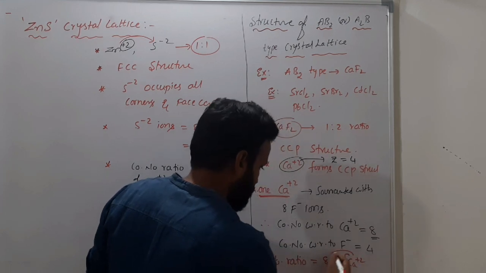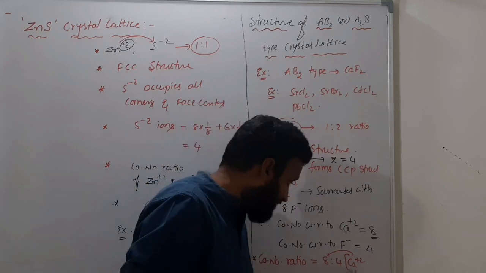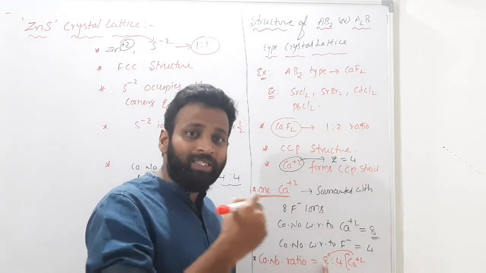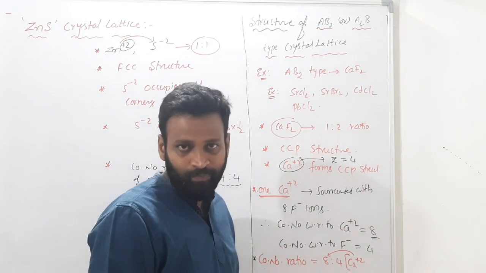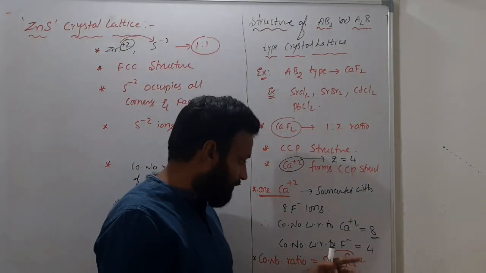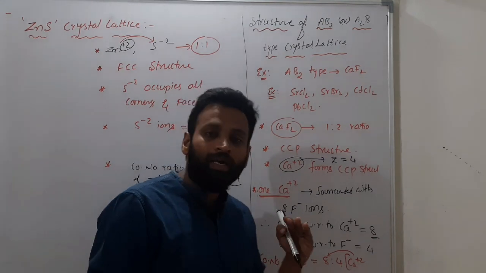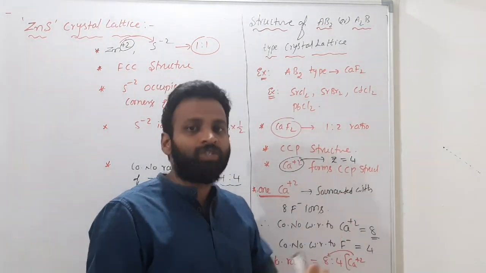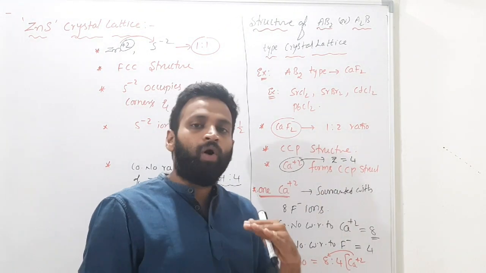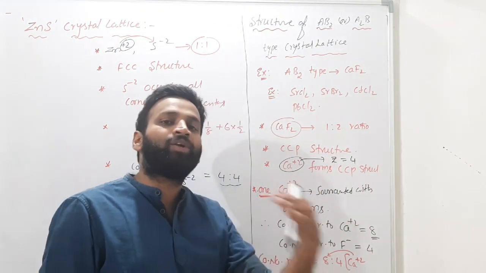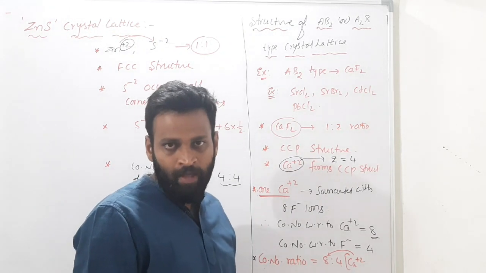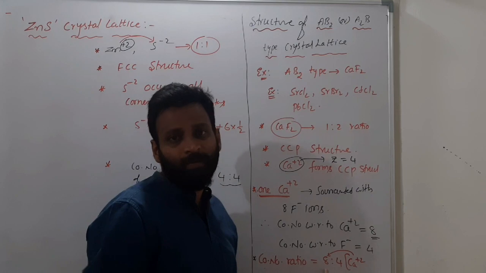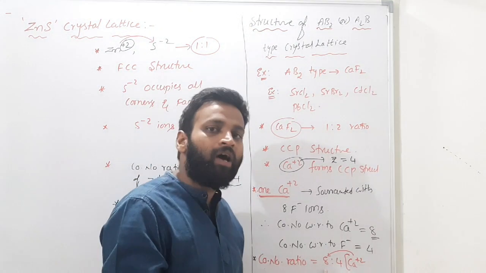Coordination number ratio is 8:4. That doesn't mean calcium 2 plus ions are 8. Don't think like that. Coordination number means surrounded ions around calcium. What is the calcium 2 plus coordination number, or calcium 2 plus having how many F minus ions? Means 8. Don't get confused, few people will consider Ca2 plus ions are 8. No. Calcium 2 plus ions are 4.